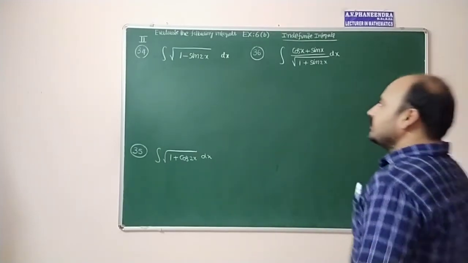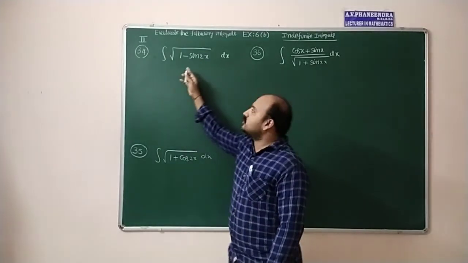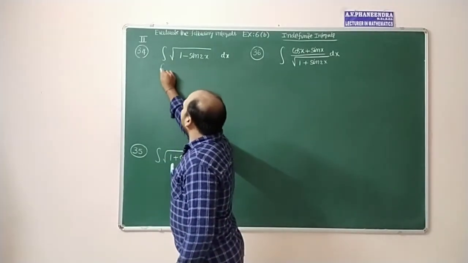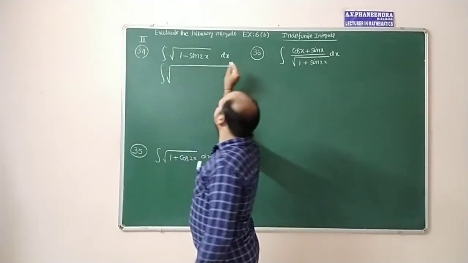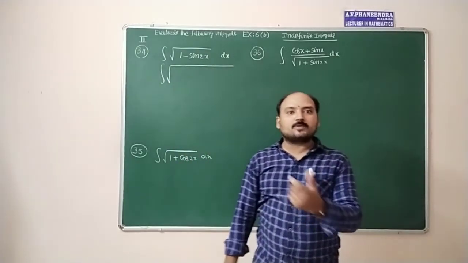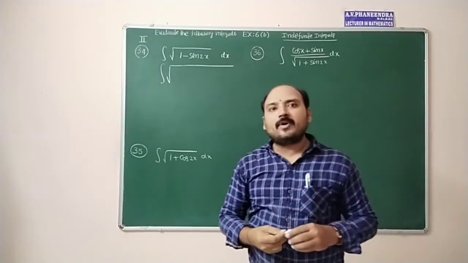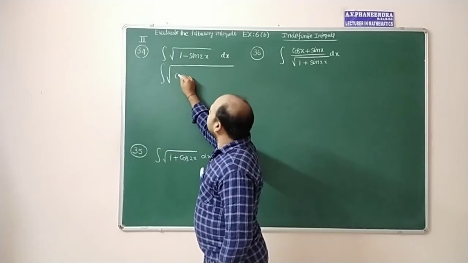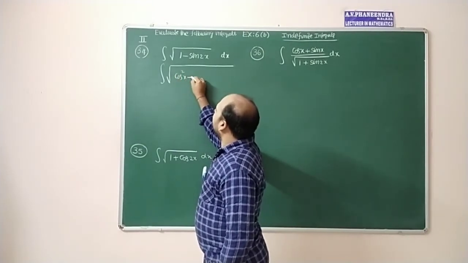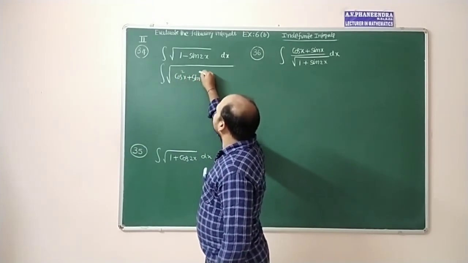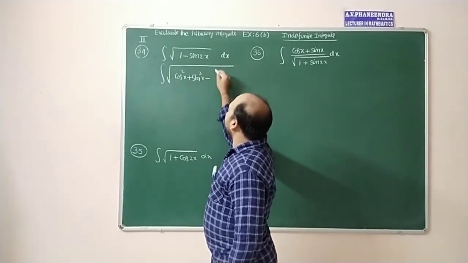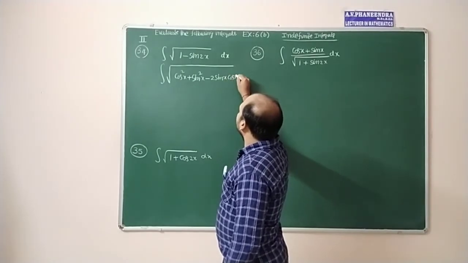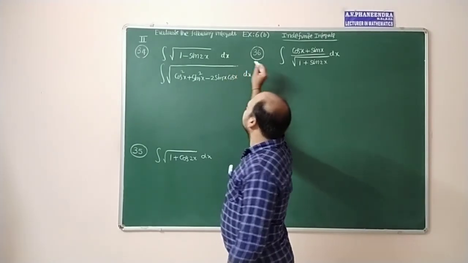The next question: evaluate integral square root of 1 minus sin 2x into dx. So integral square root of 1 can be written as cos square x plus sin square x. Here you have to remember this expansion: 1 can be written as cos square x plus sin square x, minus sin 2x can be written as 2 sin x into cos x, into dx.